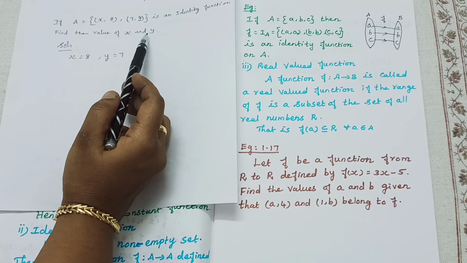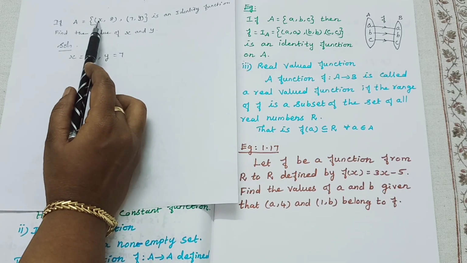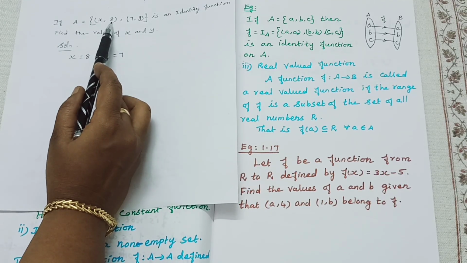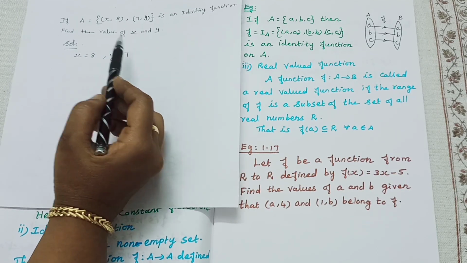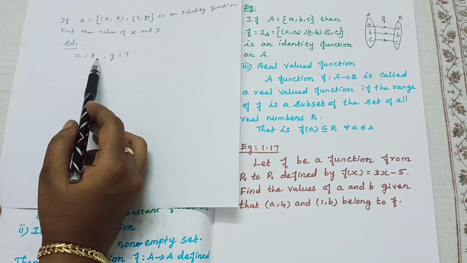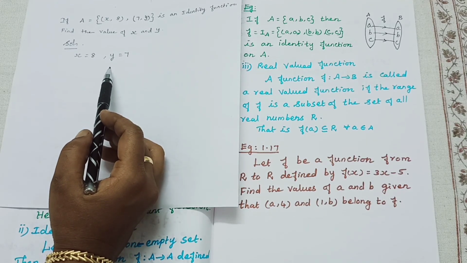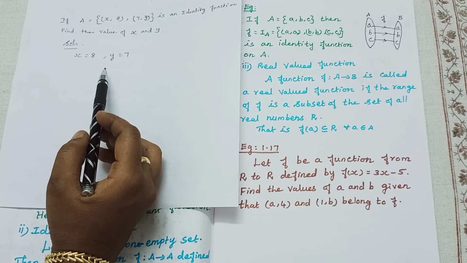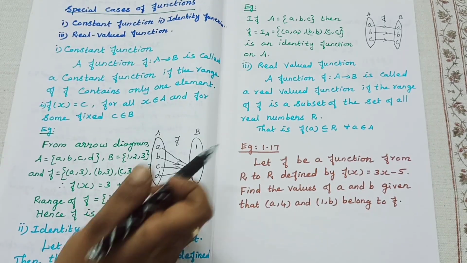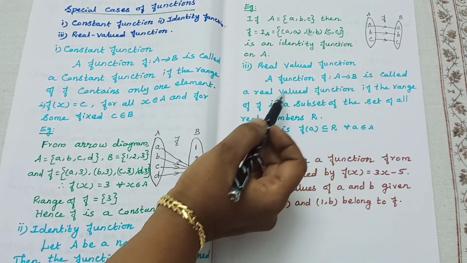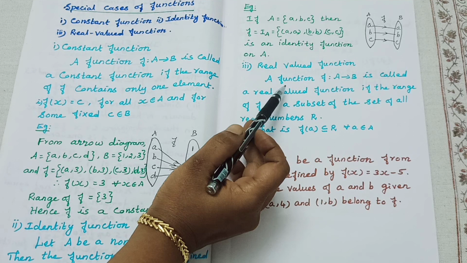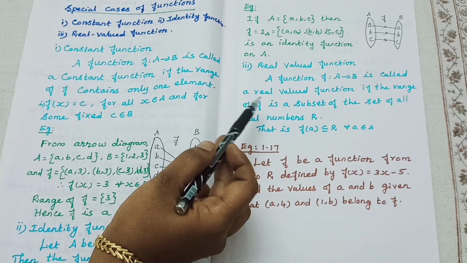Okay, have you understood what is meant by identity function? Next one, real valued function. A function is called a real valued function if the range of f is a subset of the set of all real numbers.